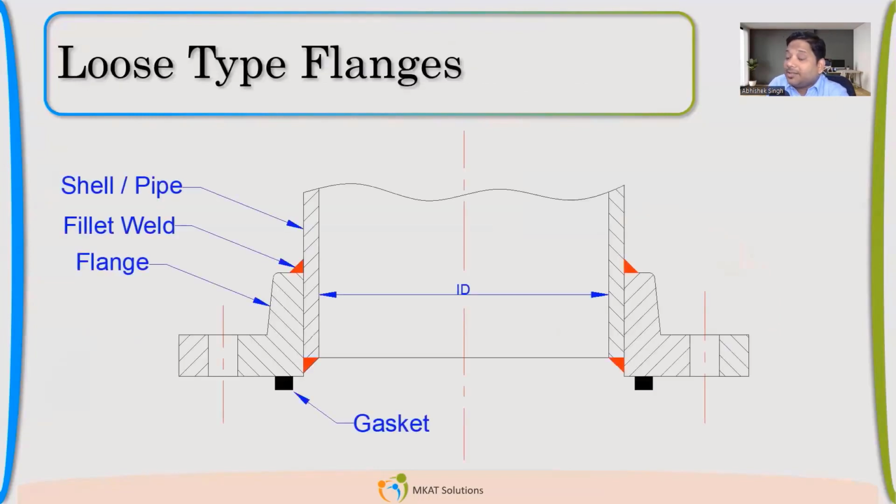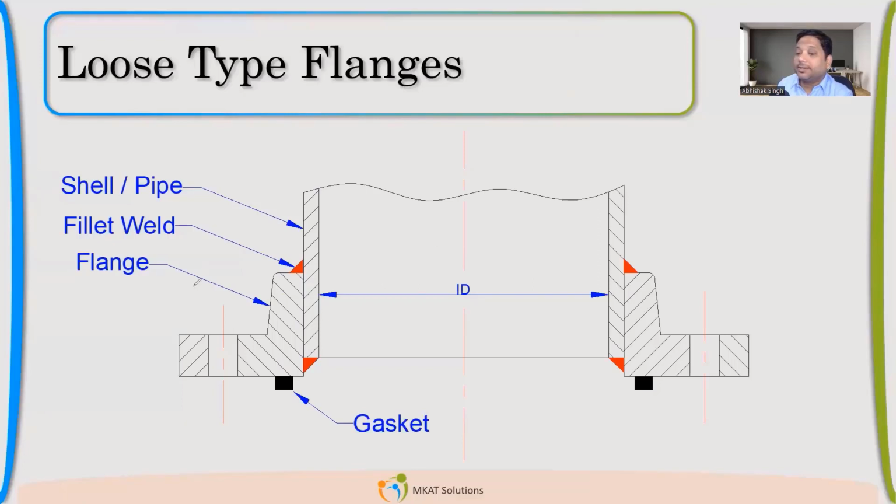So this is the loose type flange. It may have a hub, but finally the weld which you see here is only a fillet weld. Here it may be like this, or at this end it may be a groove also. Still it is a loose flange. If I make the same flange with a complete groove like this and weld it, then it will become integral.